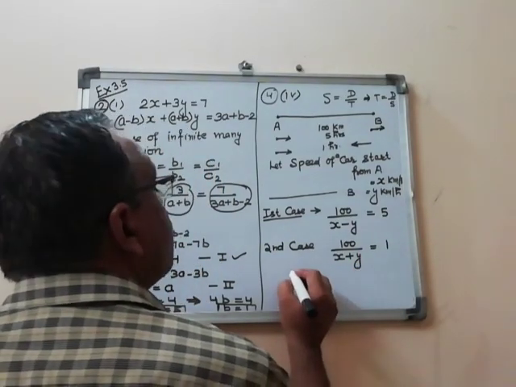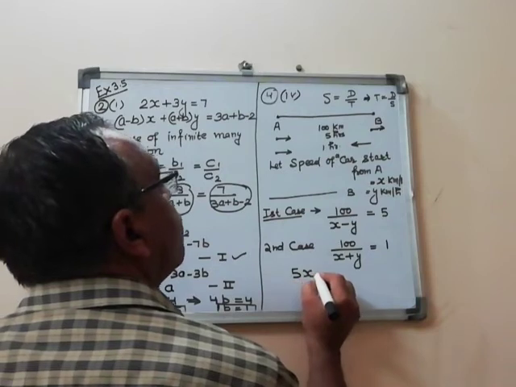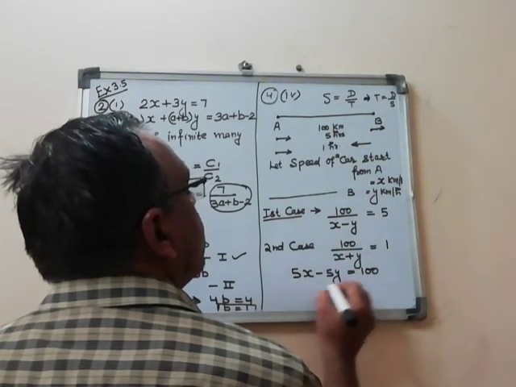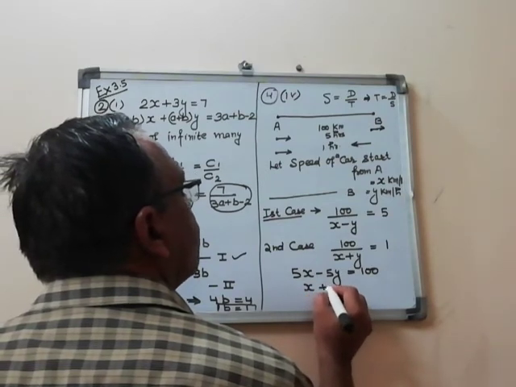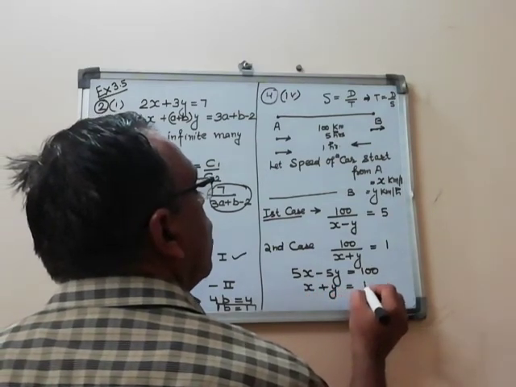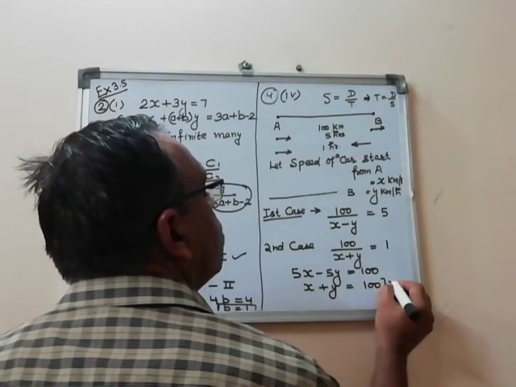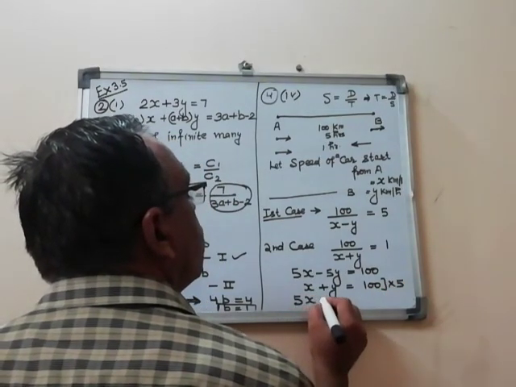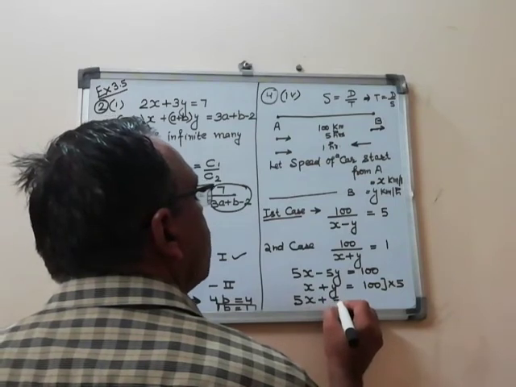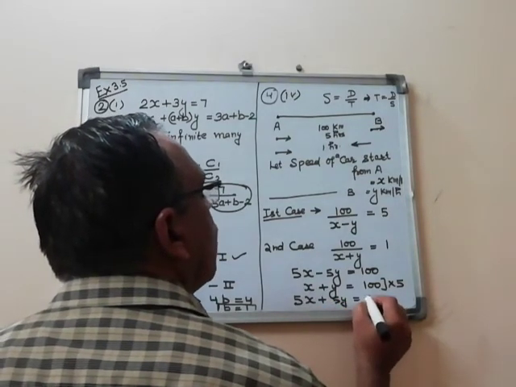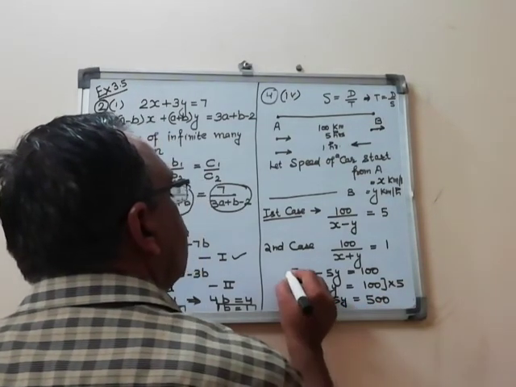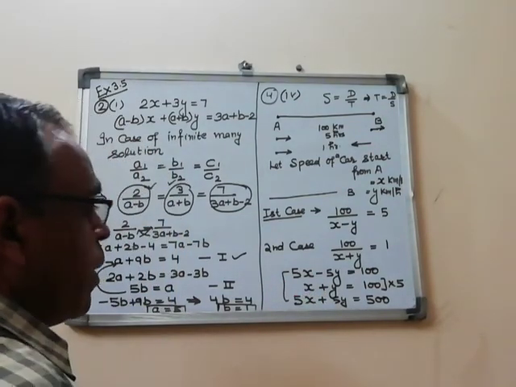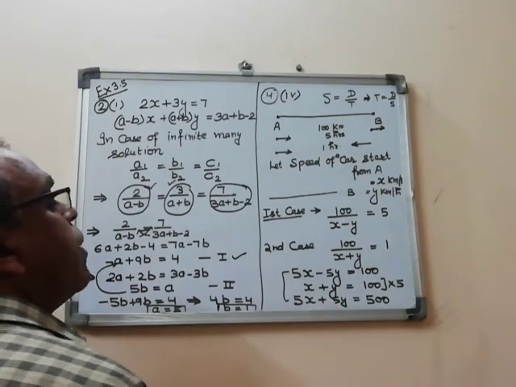So these two equations will become 5x minus 5y equal to 100, and the second equation x plus y equal to 100. If you multiply by 5, this will become 5x plus 5y equal to 500. If you solve these two equations, you can get the speeds x and y.